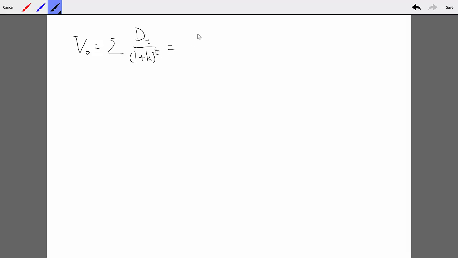Now let's say in the next period, it'll be 1 plus k, and then the period after, you discount by two times, and then all the way to eternity. So this is what you do.